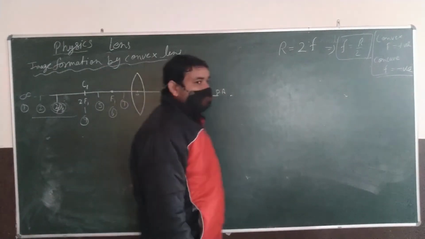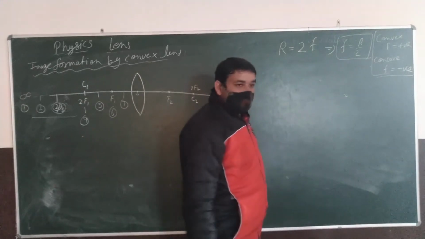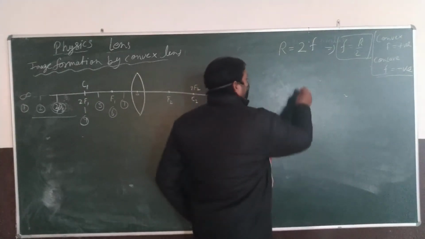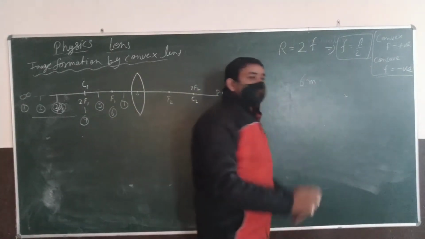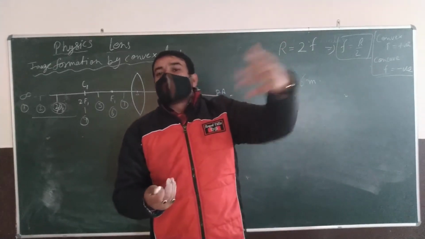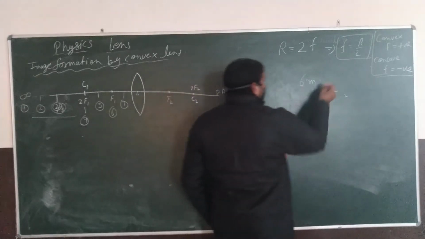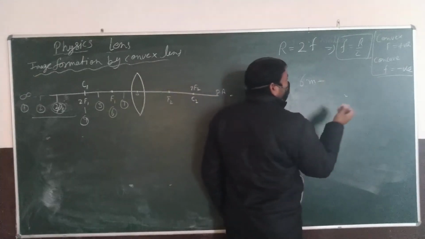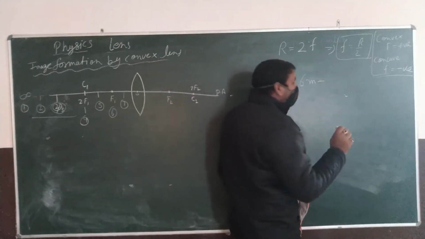Second thing, just remember it: for a normal human eye, rays coming from beyond 6 meters, 6 meter distance, assume it like an infinity point.